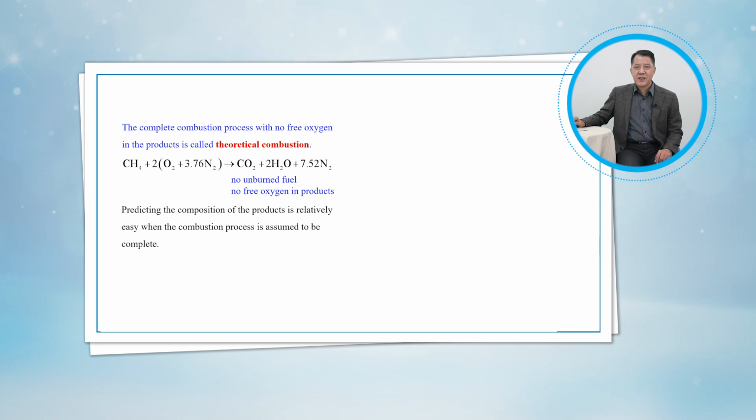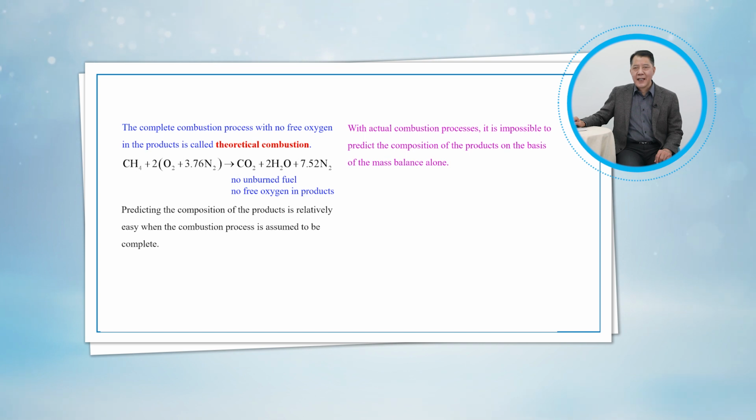All one needs to do in this case is simply apply the mass balance to each element that appears in the combustion equation without needing to take any measurements.